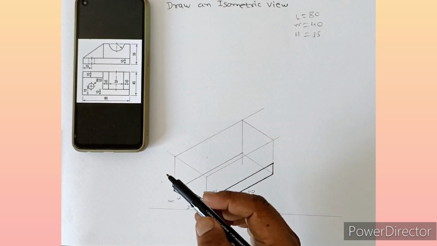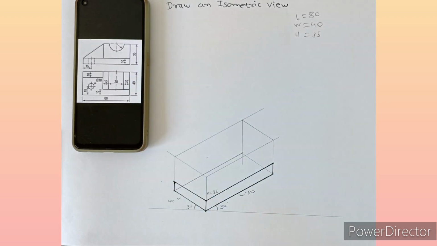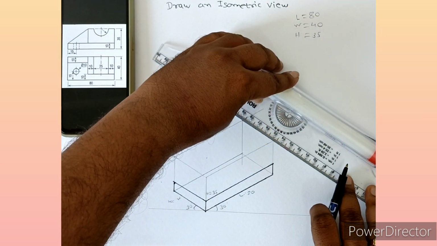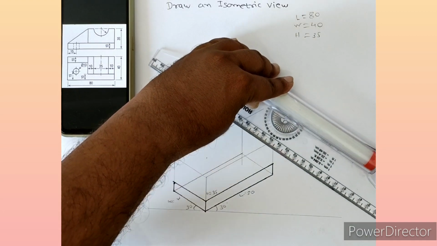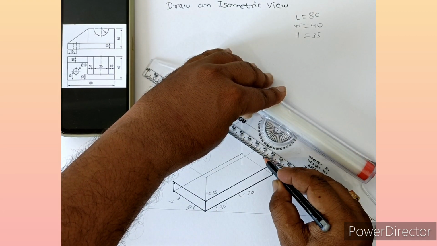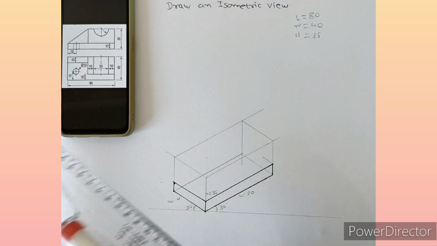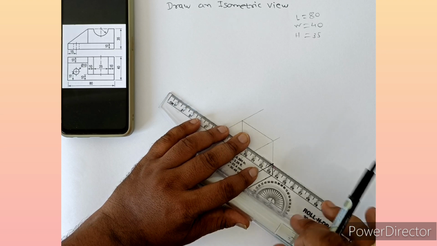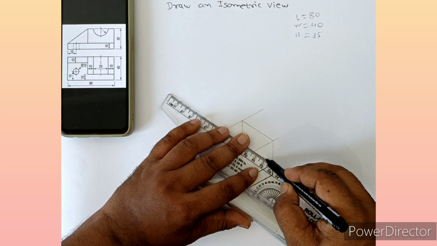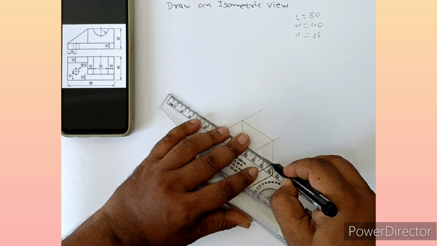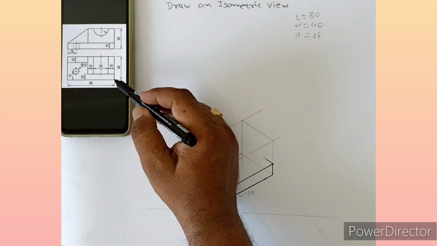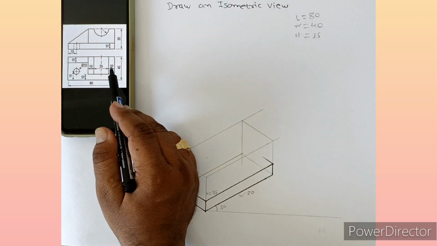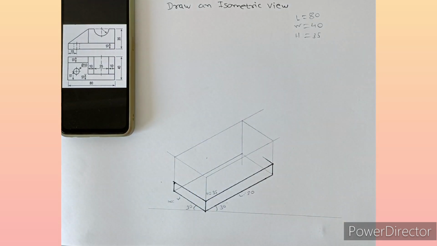Okay, here we can see in this is the plan, 10 mm you have to go inside. 10 mm. You have to go inside. We can see in the plan. Is this clear? Okay. Now, what is the length of this? 25 plus 10, 35. 35 plus 10, it is 45.